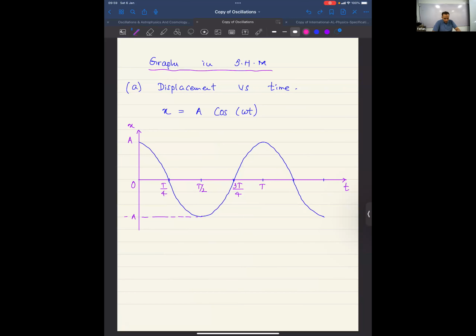It will take exactly a time period T to make one complete oscillation. So when the time is T, it has made a complete oscillation. Here it's T over 4, here it's T over 2, here 3T over 4, and so on. Can you draw this graph?